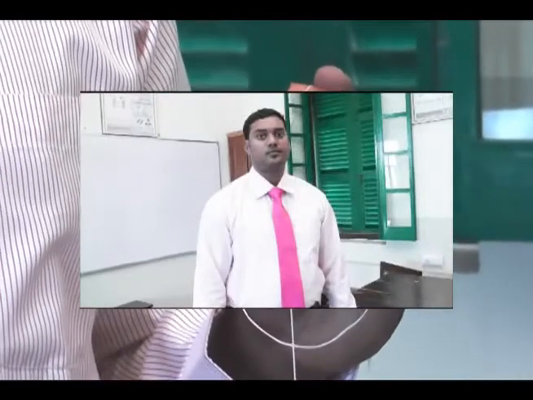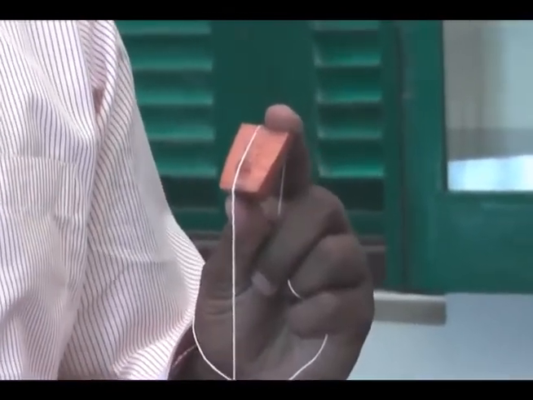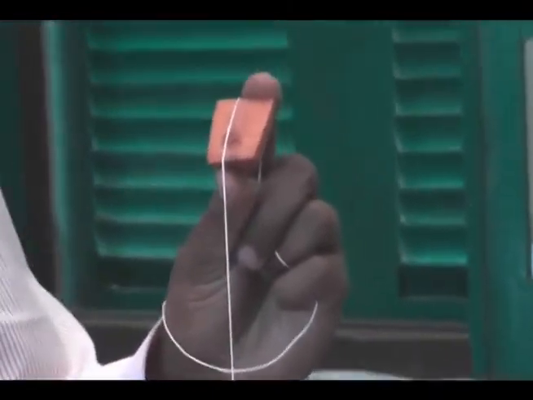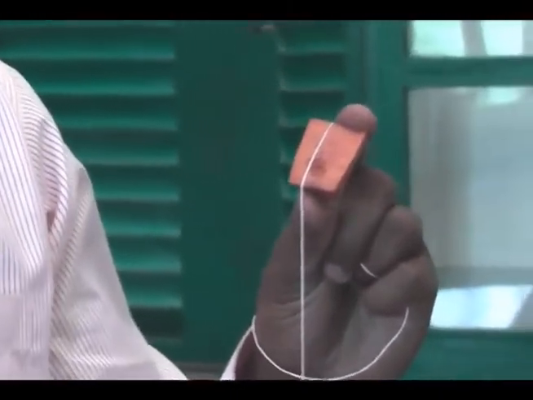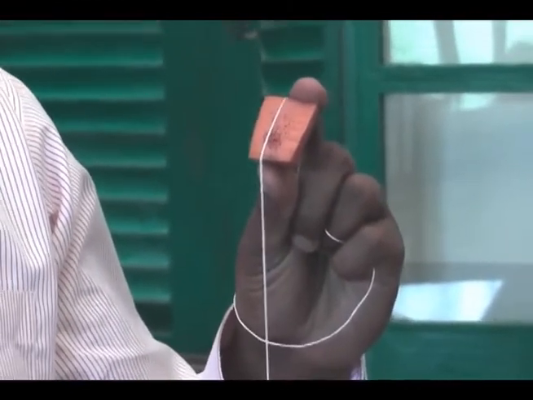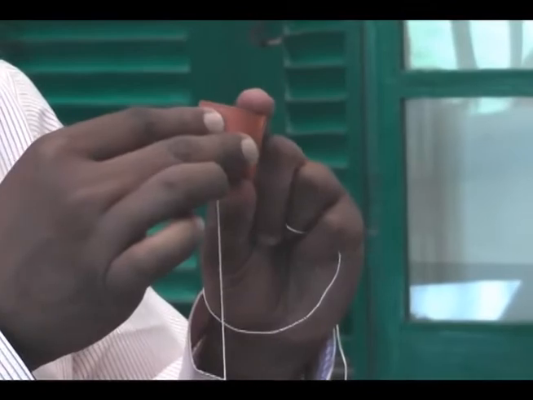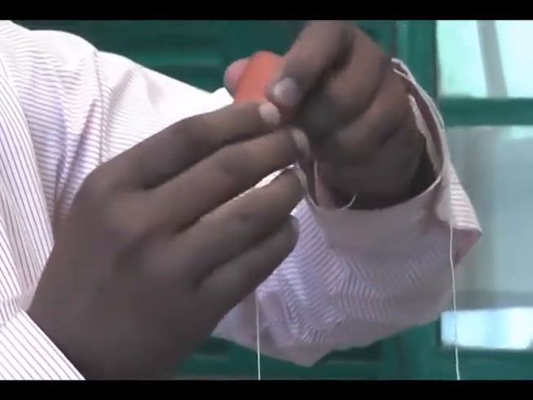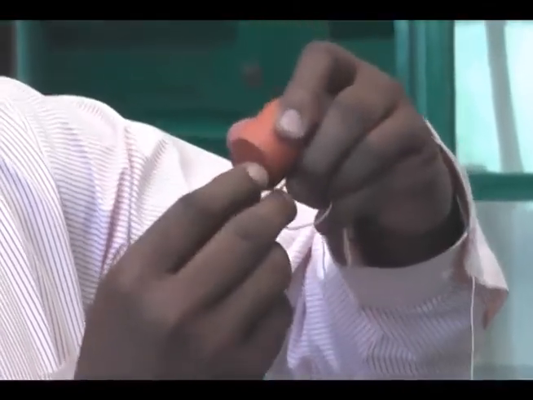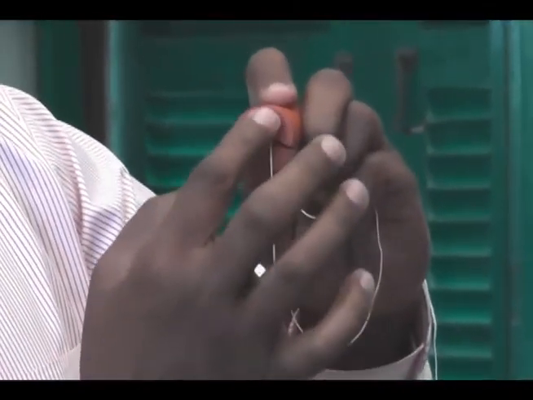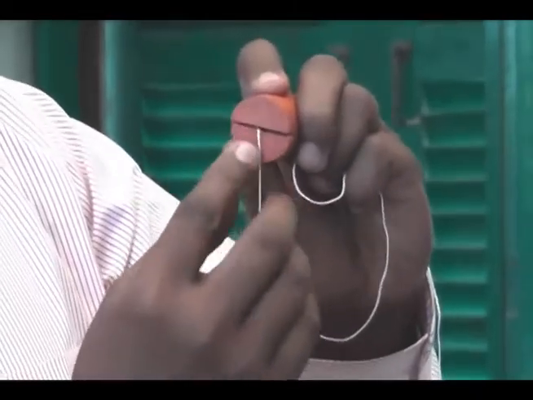Let us discuss some sources of errors in this experiment. First of all, how to position the thread between the corks. The cork should be placed in such a way that the two parts of the cork are exactly parallel with each other.